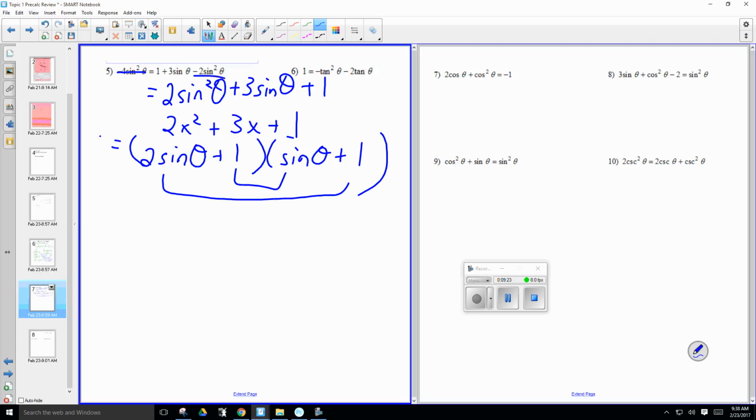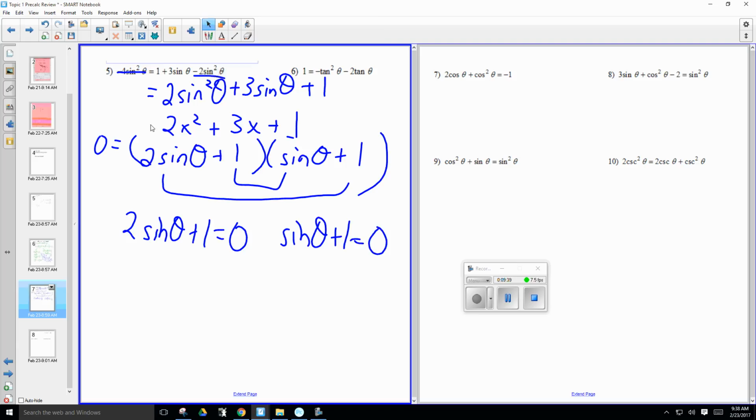That works because I can use my zero multiplier rule now. So I set 2 sine theta plus 1 equals 0, and sine theta plus 1 equals 0. And then you can solve for that.